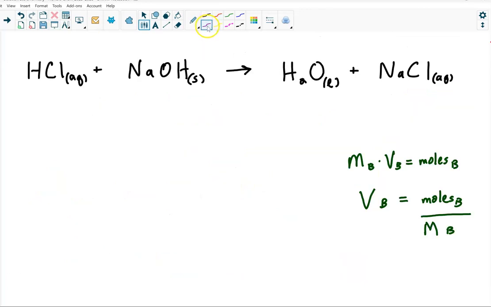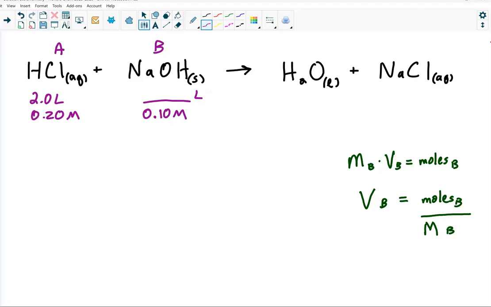Okay, so we already know that HCl is my A, NaOH is my B. I know that I have 2.0 liters of 0.20 molar HCl, and I have 0.10 molar NaOH, and I need to know how many liters of this.